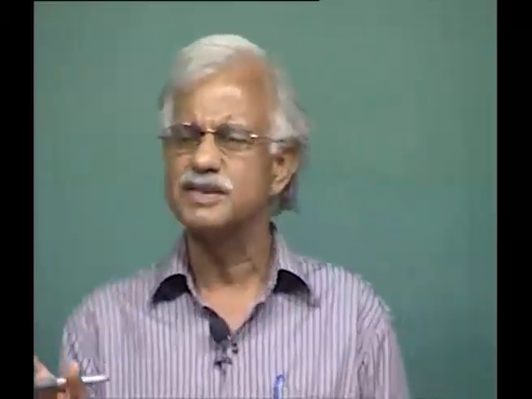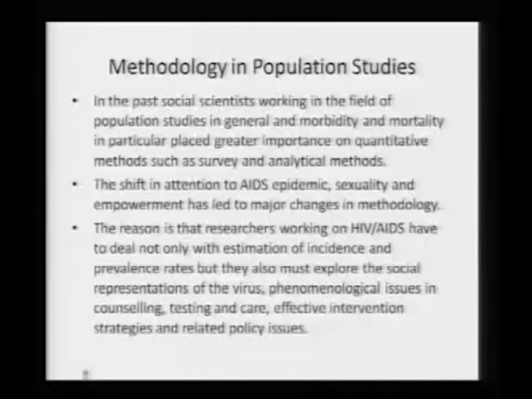Right in the beginning, I must say that specifically in the field of population studies, social scientists working in different fields of fertility, mortality, morbidity, in the beginning placed greater importance on quantitative methods such as survey and analytical methods.